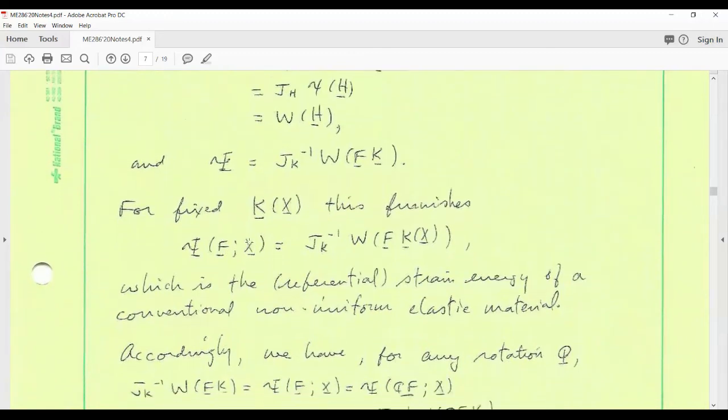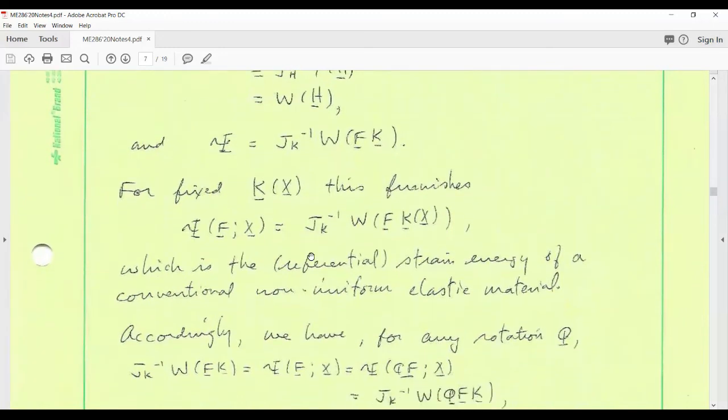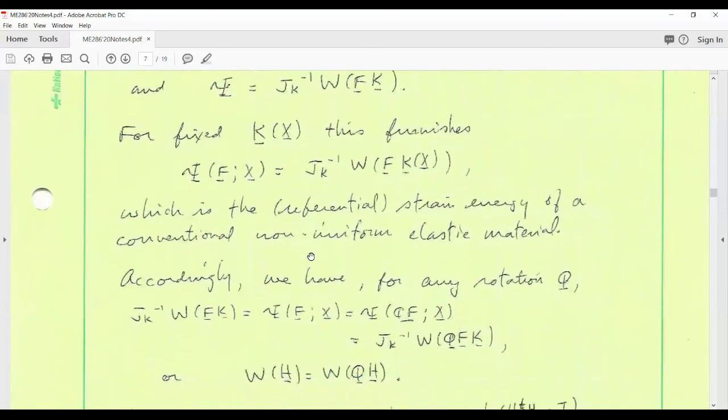It's a function of F, but that function of F could vary from place to place in the reference configuration, in other words, vary from one material point to another. And that's if we take the plastic deformation to be fixed here. When we do that, we just get elasticity, but a non-uniform kind of elasticity. Okay?